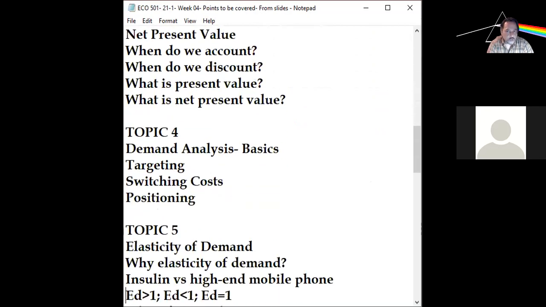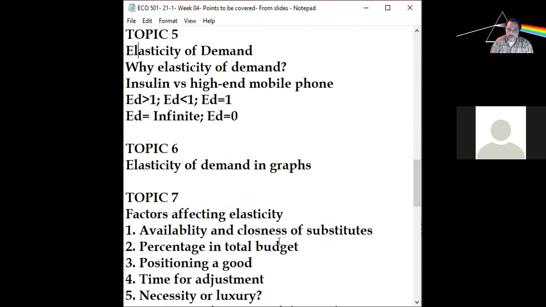Topic 4 is a new concept today. That is how we target a product. What are the switching costs when we launch a product? How do we position our product? Topic 5 is something that we need to know a lot, and that's the elasticity of demand. This is a totally new topic. And how do we interpret the various values of elasticity of demand?